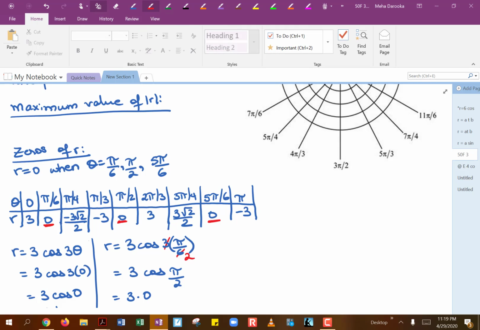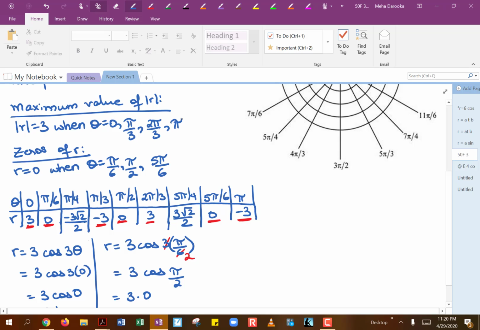Now let's see, our maximum value is at 3, negative 3, 3, negative 3. So that way we would say the absolute value of r equals 3 when theta equals 0, pi over 3, 2 pi over 3, and the last one was at pi.